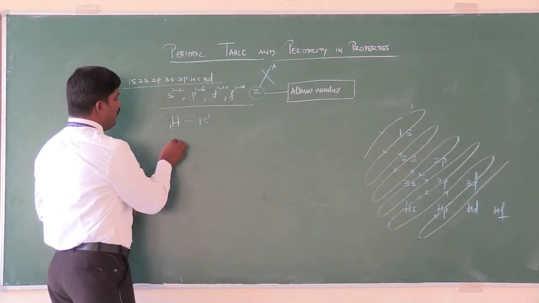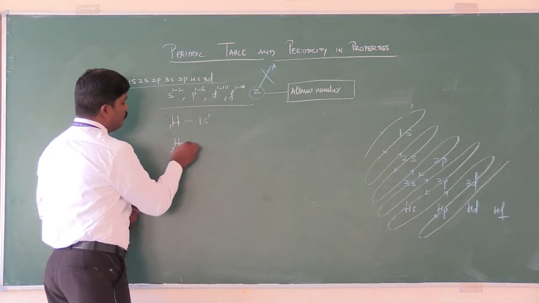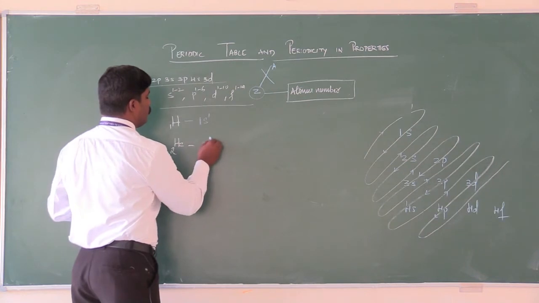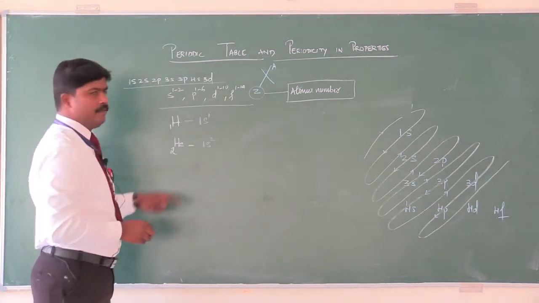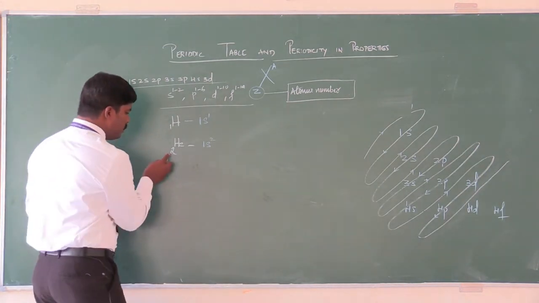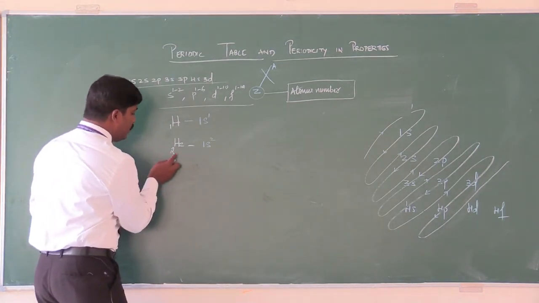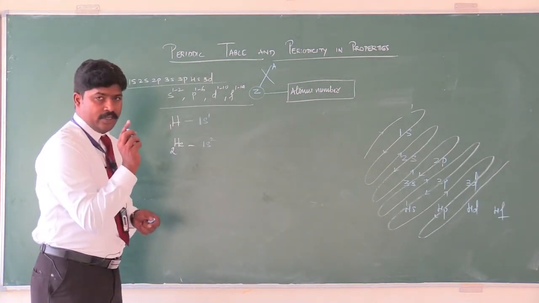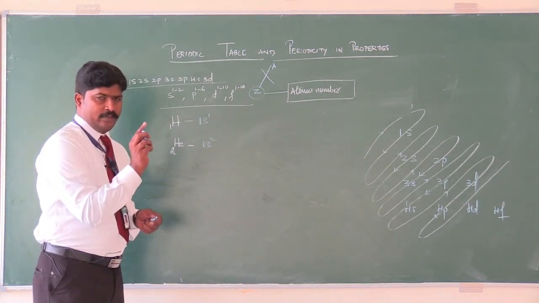Then for helium, 2, it is 1s2. Hydrogen 1 means 1s1, helium 2 means 1s2. What I am observing when writing the electronic configuration is the atomic number. So when you write electronic configuration, focus on the atomic number.